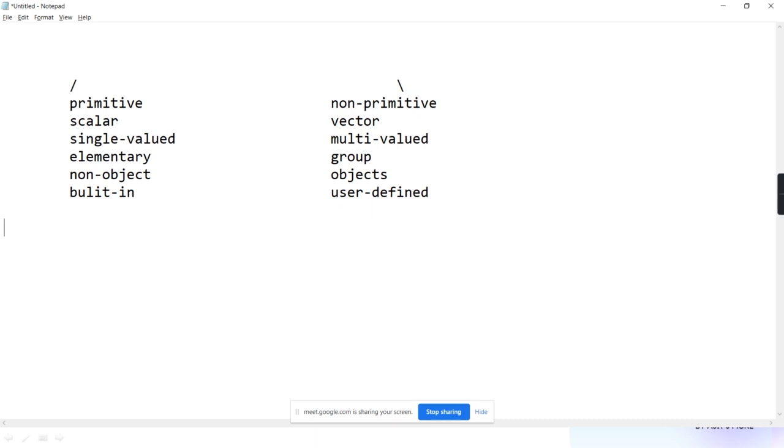And does it also indicate what legal operations can be done on it? Because some operations are not supported for some data types. Means for some data types, some operations are not allowed. So it tells you the legal range and the legal operations. Okay. And do data types tell the amount of memory which is going to get reserved? From the data type, do we come to know how much memory will be reserved?